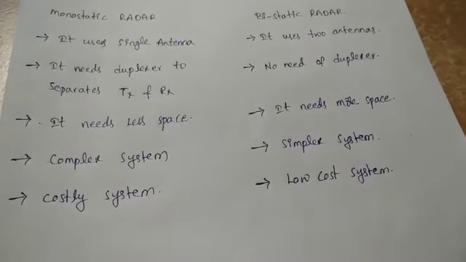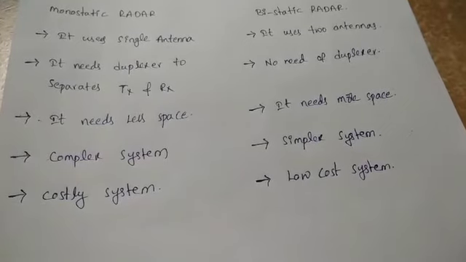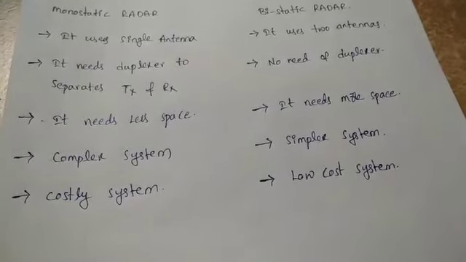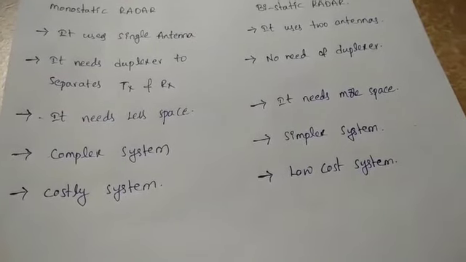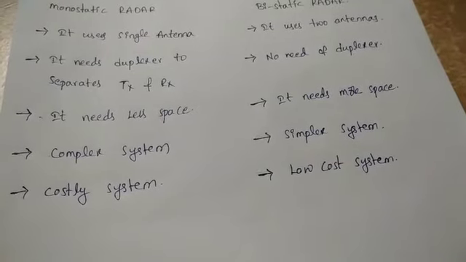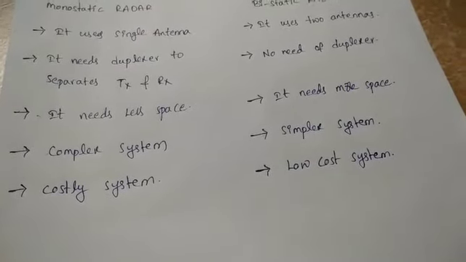The monostatic radar system is a complex system. Why? Because we use a duplexer, which is a communication system with complex circuitry.